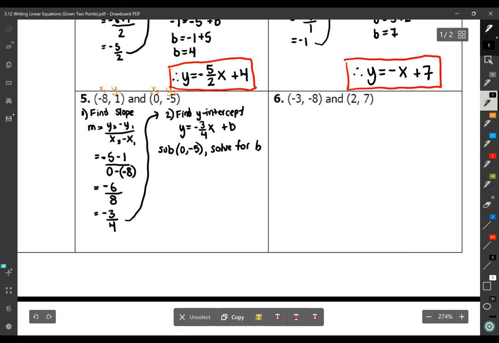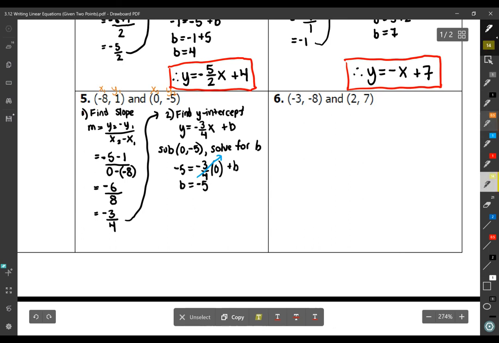If I put in negative 5 for y and 0 for x, well, we know that anything multiplied by 0 is 0. So we get b is just equal to negative 5.